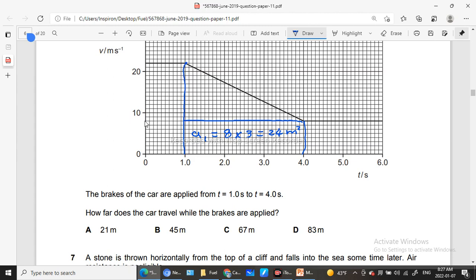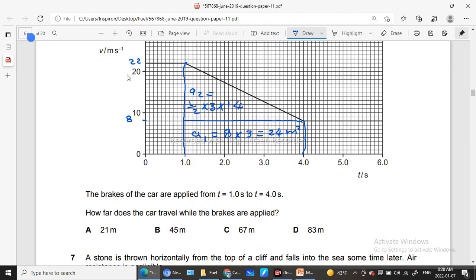The height here is 8, and here is 22. 22 minus 8 is 14, and the base is 3. So A2 equals half times 3 times 14.